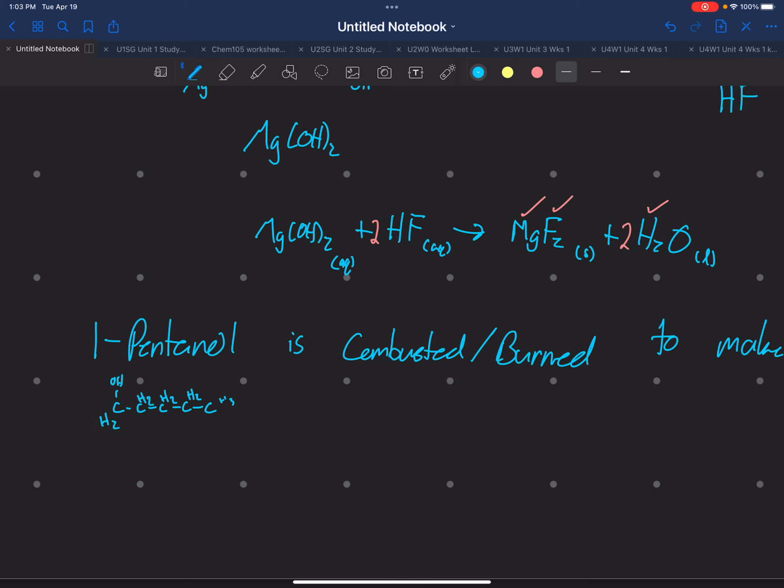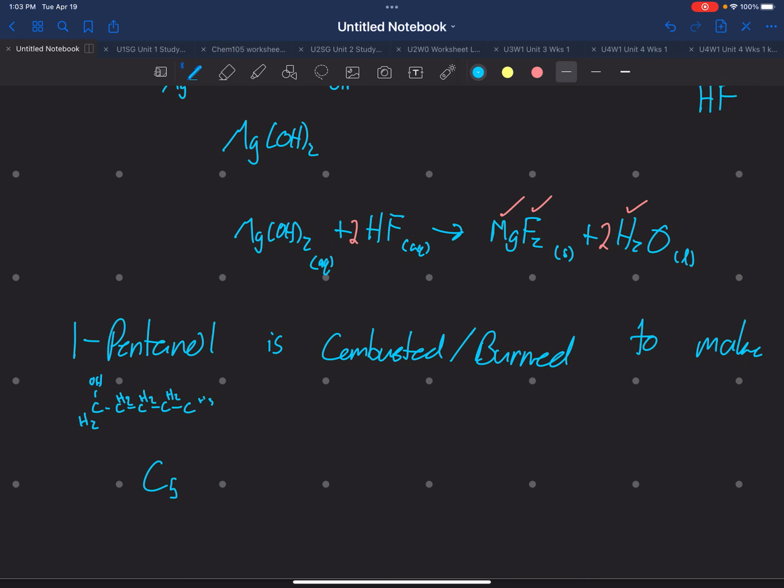Okay. So that's C5, and the hydrogens: 3 on both sides and 2, 4, 6 in the middle. So 6 plus 6 is H12, and then there's an O. Okay.